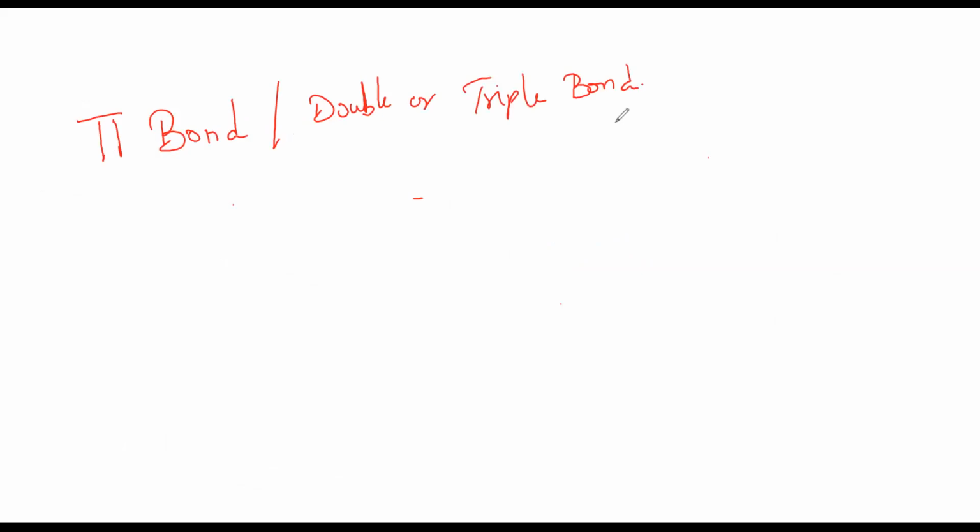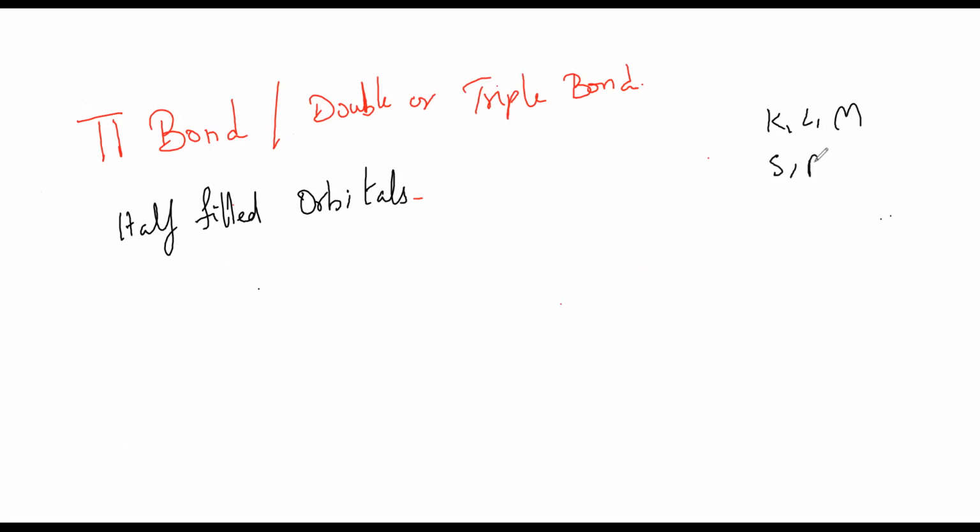So coming to one more term which I want to tell you: half filled orbitals. I am talking about orbitals, S, P, D, just like our KLMN shells. The first orbit can hold how many electrons? Orbit, I'm not talking about orbitals.